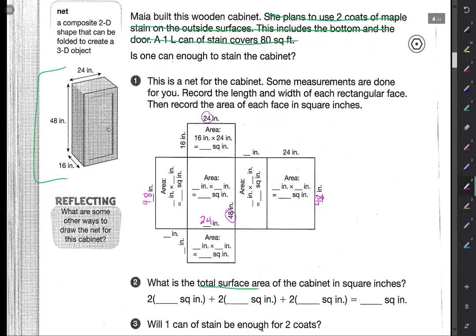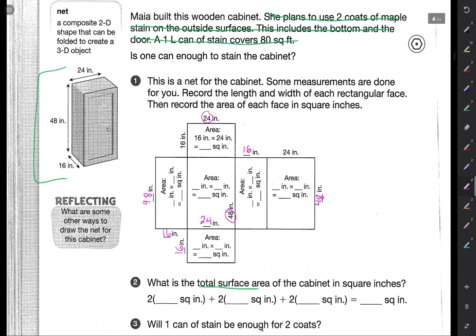And then we're also looking at the smaller blanks here, and the only number we haven't used yet is 16. So this blank here is 16. This one here is 16. This one here is 16. So we have all of the dimensions of each one of these rectangles.